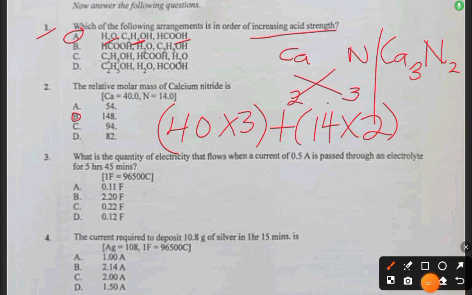Now question 3. What is the quantity of electricity that flows when a current of 0.5 ampere is passed through an electrolyte for 5 hours 45 minutes? We will have to do some conversion if we want to be able to do the calculation, because we are supposed to work in seconds and this is 5 hours 45 minutes.